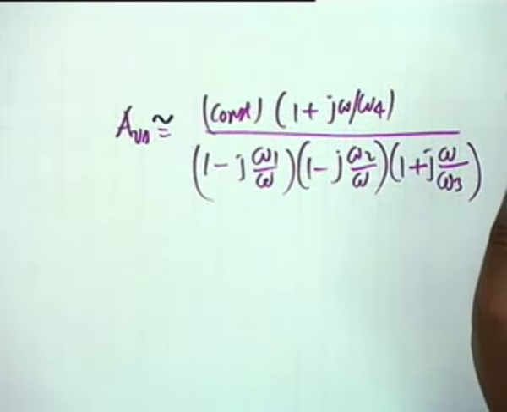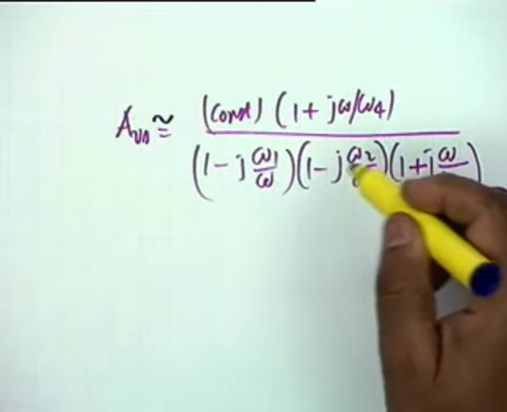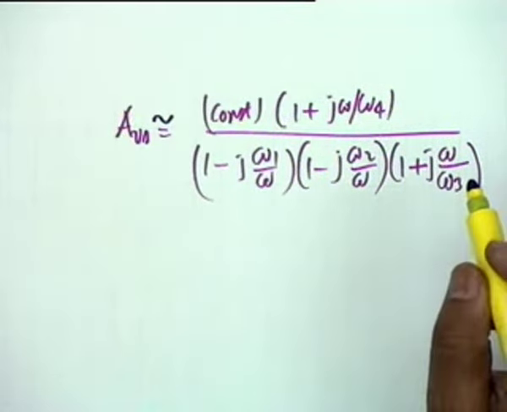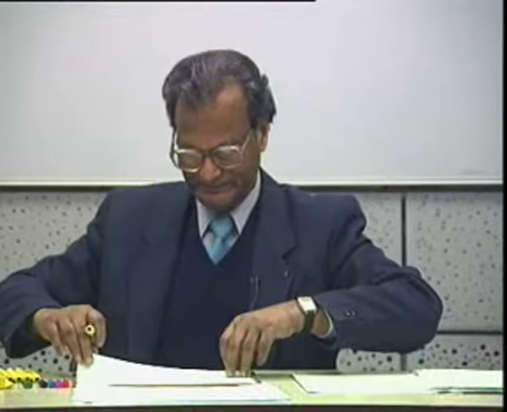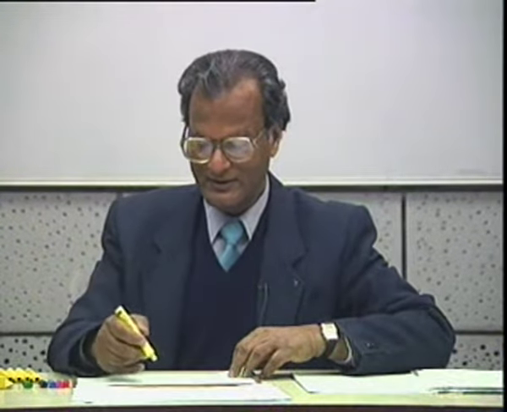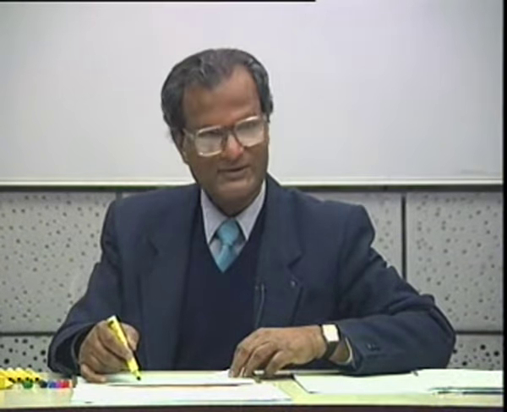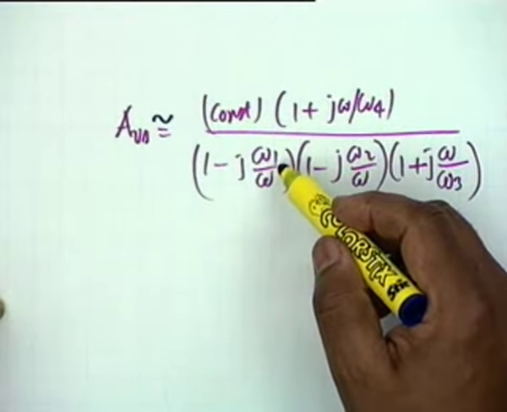The low frequency 3 dB point will be determined by the highest of these three, omega 1, omega 2 and omega 3. Let us take an example, the same example that we have been considering so far. So why can't you put this constant equal to AVS 01? Is this constant equal to AVS 01? When omega tends to 0, what does this correspond to?